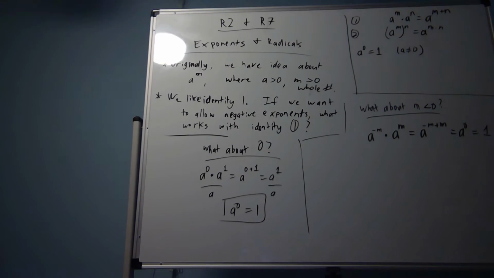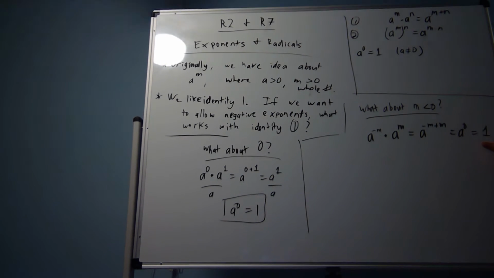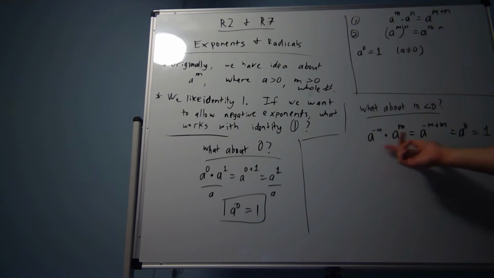We like this identity, so if we want to extend our definition of a to the m so that it includes negative exponents as well, then we want it to get along with our favorite identity. If a to the minus m makes sense, and if we can just add the exponents, we get a to the minus m times a to the m is a to the 0. A to the 0 is 1.